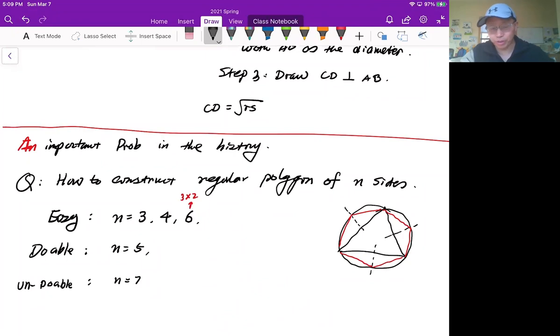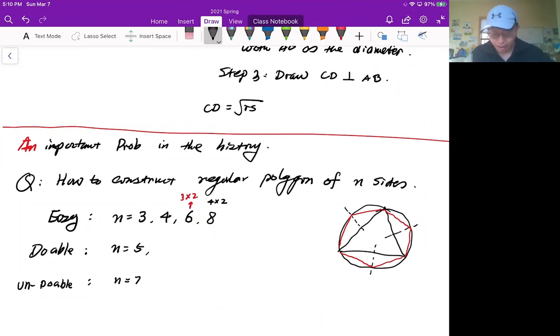If n equals 8, can you construct a regular polygon of 8 sides, an octagon? Yes or no? 8 is actually constructible. Why? Because it's 4 times 2. You can begin with a square and then you just cut that into half.